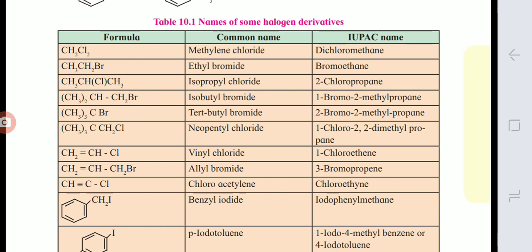So the prefix is used for halogen and the suffix is used for the alkene double bond. So from left to right you have to write the numbering. So Br is on the third carbon, so the name becomes 3-bromopropene.